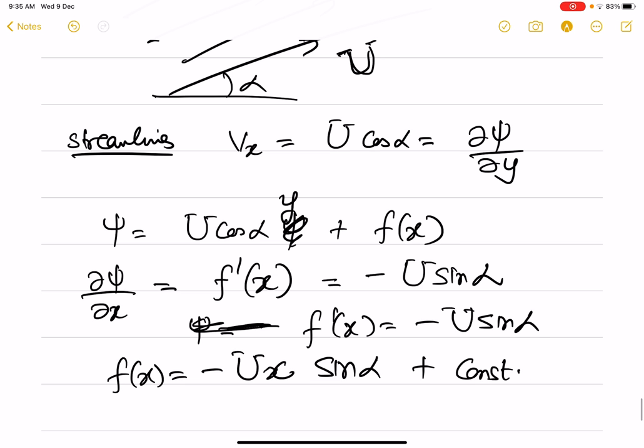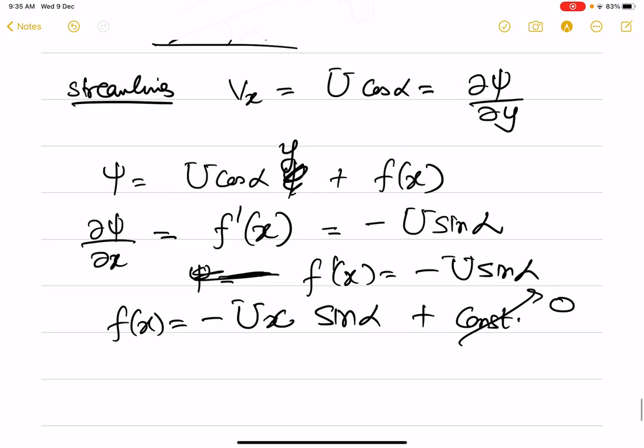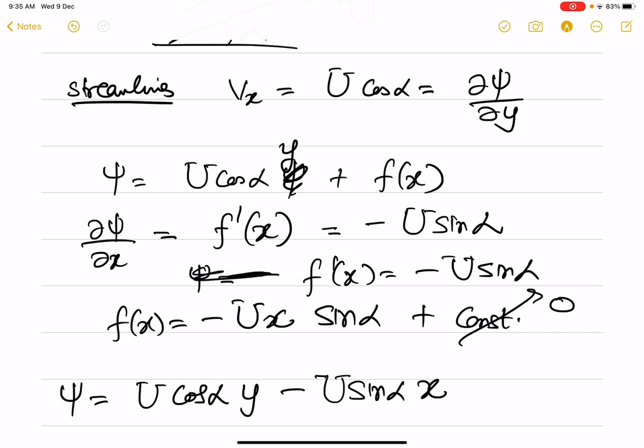And since things are up to one arbitrary constant, we can choose this to be 0. So therefore what we get is the stream function for this flow is equal to U cos alpha y minus U sin alpha times x. So this is the corresponding stream function.